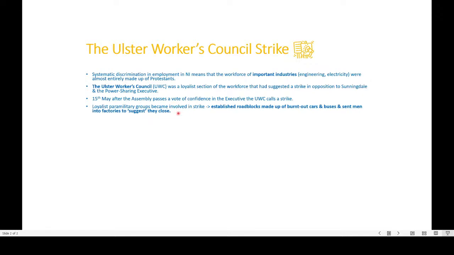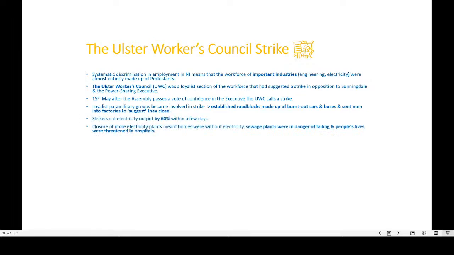Loyalist paramilitary groups became involved in the strike. They established roadblocks made up of burnt out cars and buses, and sent men into factories to "suggest" that they close. So we see these threatening tactics used by loyalist paramilitary groups who became involved in the strike.